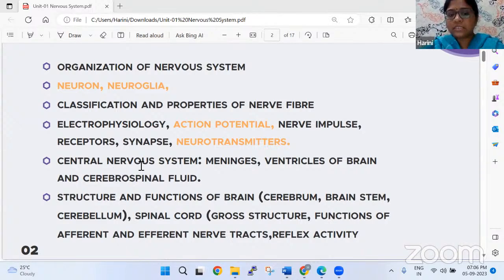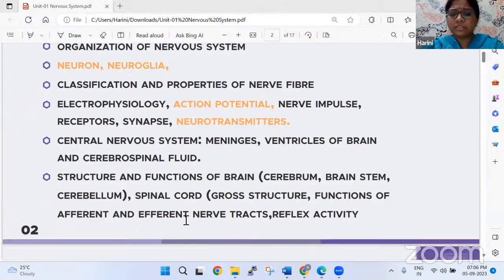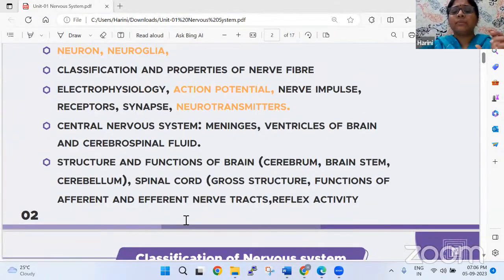In the central nervous system, we'll go over the meninges and ventricles, which mainly contain a specific fluid, the cerebrospinal fluid. Next, the major functional parts of the brain. You have four major parts. Coming from the inferior part, we have the brainstem.